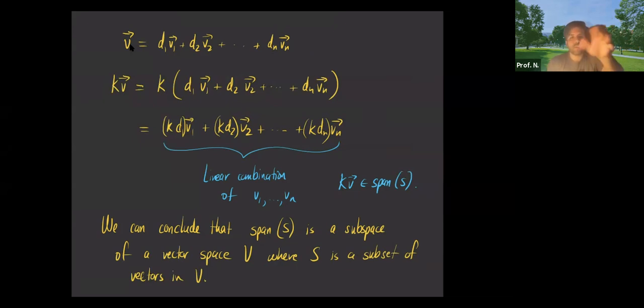If you take the span of those vectors, that creates a subspace. That is always a subspace.